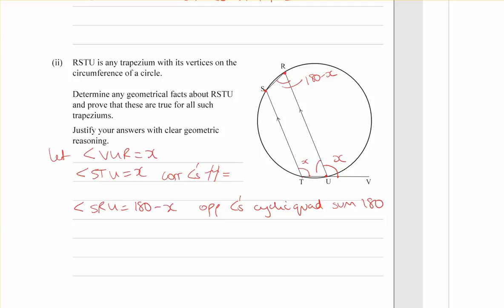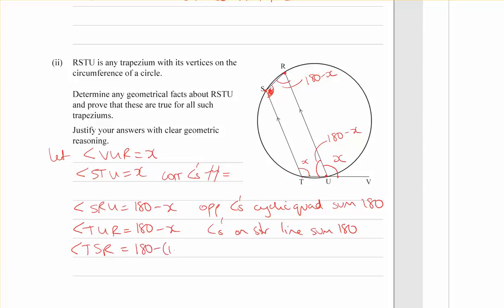And I also know that angle, so that one in there, is 180 minus x, and similarly TSR up here must equal 180 minus 180 minus x, which is x, and that's using co-interior angles.